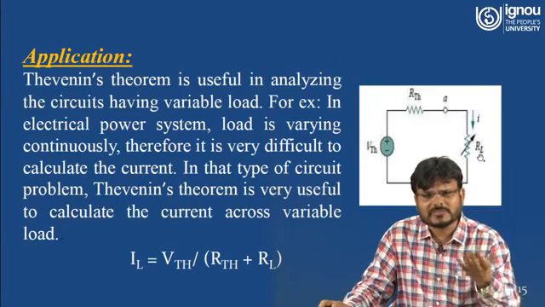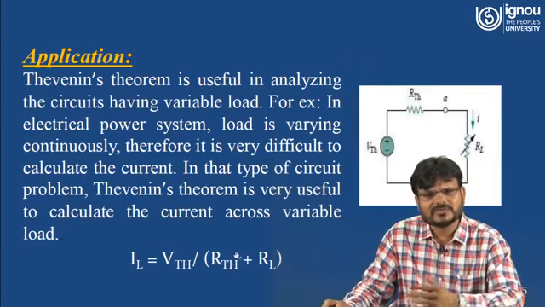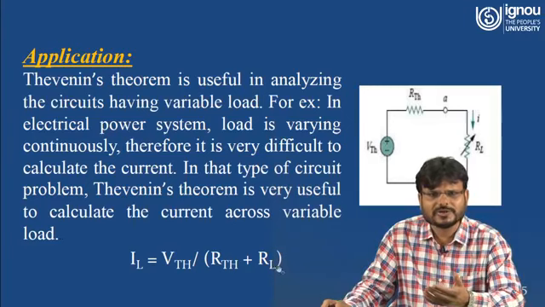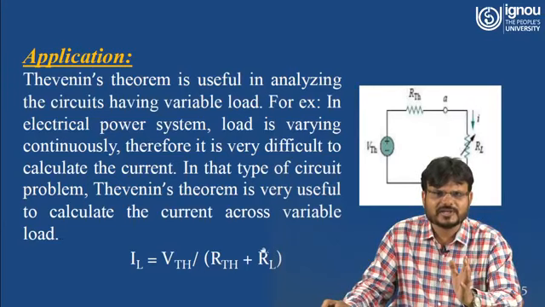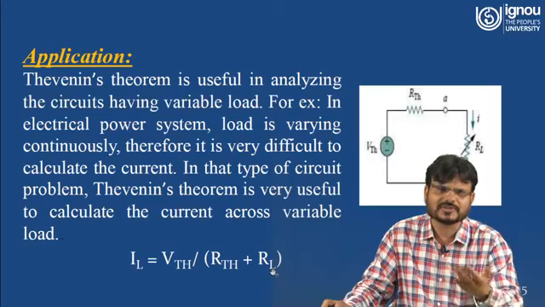The value of the Thevenin voltage and Thevenin resistance will always be the same. What you are going to change is the load resistance. So IL is equal to what? VTH upon RTH plus RL. So VTH and RTH are fixed. Just change the value of the load resistance to 2 ohm, and you can easily find the value of the load current.